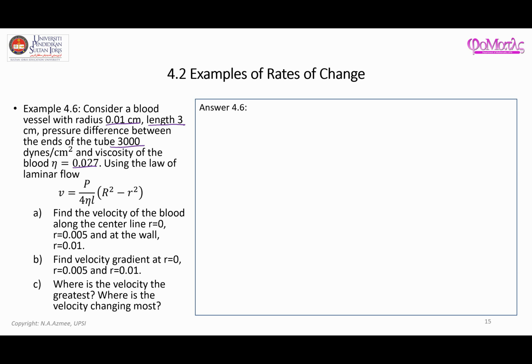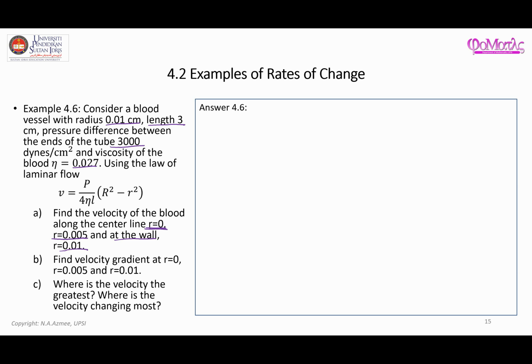Now, using the law of laminar flow, which describes the velocity of the blood, find the velocity of the blood along the center line where r is 0. The small r here is the distance from the central axis, r is 0.005, so the distance increases, and at the wall the distance gets even further, so r is 0.01.